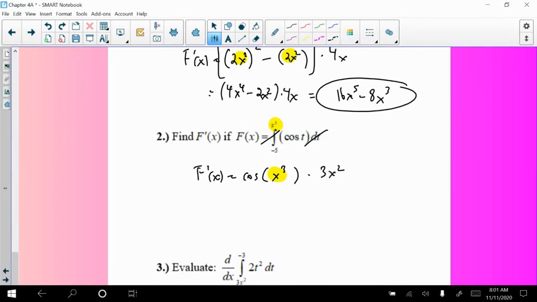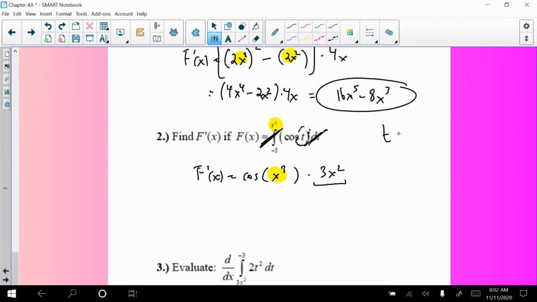Now, there's going to be a point where you're going to be tempted to do the cosine's derivative, which is negative sine, but don't, okay? Because you're doing the derivative of this antiderivative, they cancel each other out. So you can't change that identity. So you still have a cosine that you were originally measuring the area under. The reason we have a chain rule here is because we have more than just a t, right?